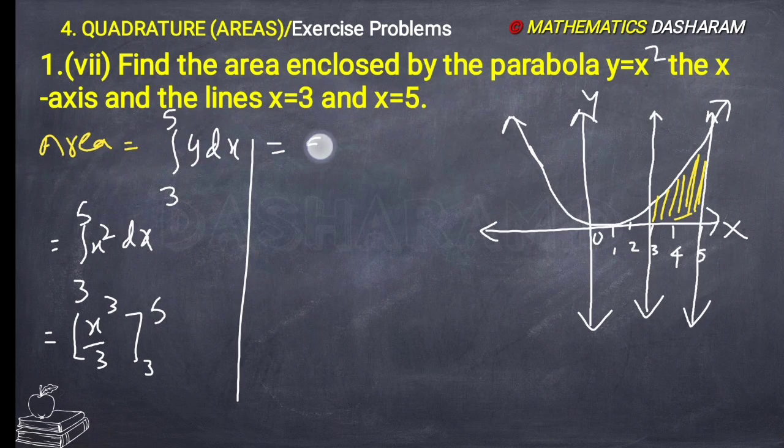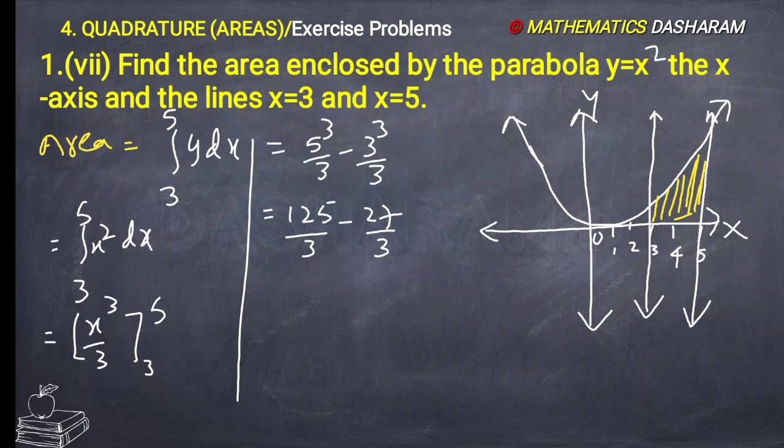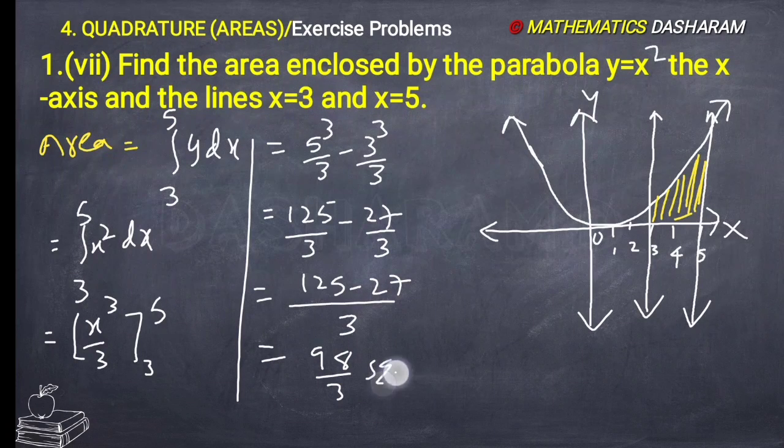Now it is equal to 5 cube by 3 minus 3 cube by 3. 5 cube is 125 by 3 minus 3 cube 27 by 3. So here the LCM is 3. 125 minus 27 is 98 by 3 square units.